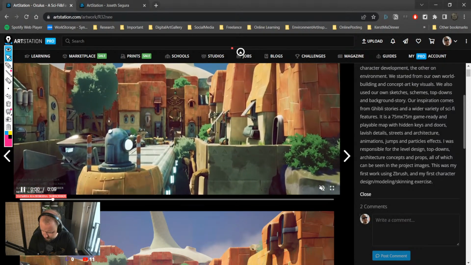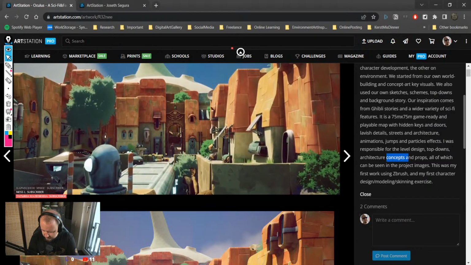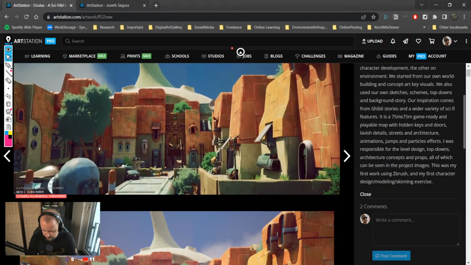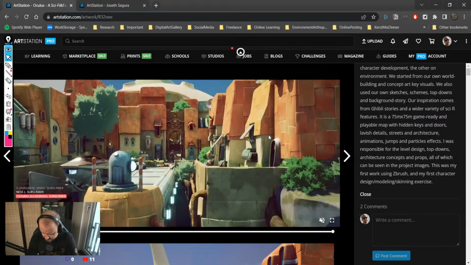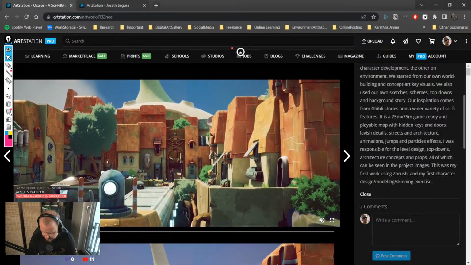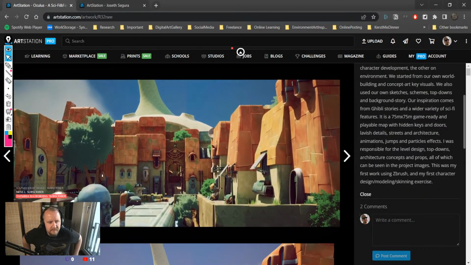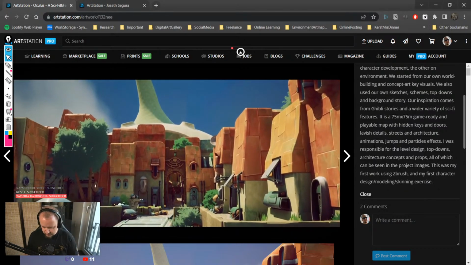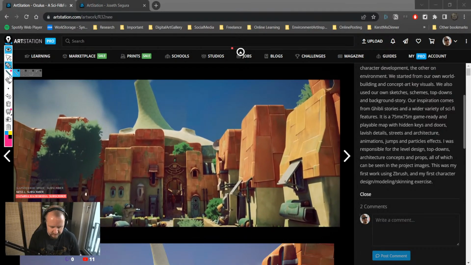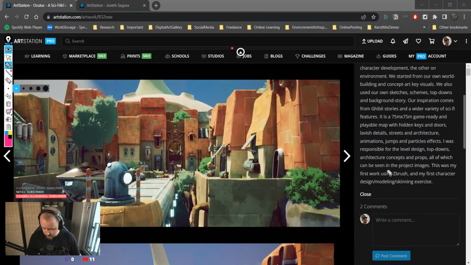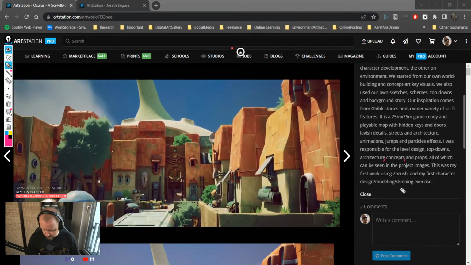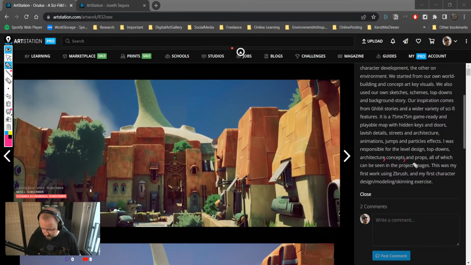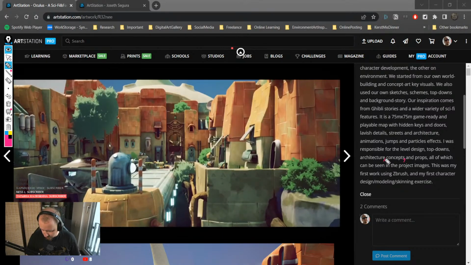So architecture, concept, and props. So does that mean that you didn't do the architecture itself? Interesting. With that stuff, you have to be really clear, you know? You have to basically spell out, hey, I worked on the architecture, comma, the concepts for the architecture, comma, and then just props, you know?